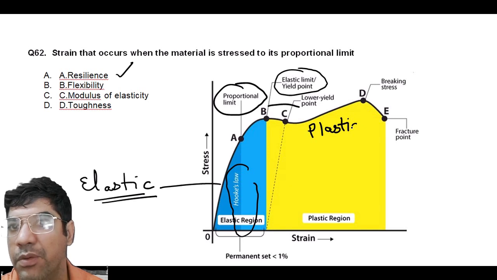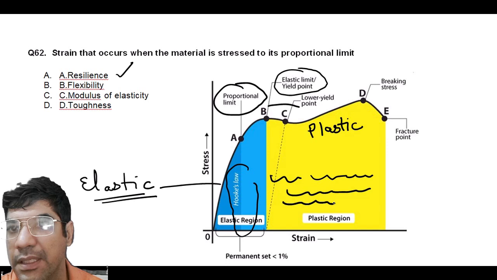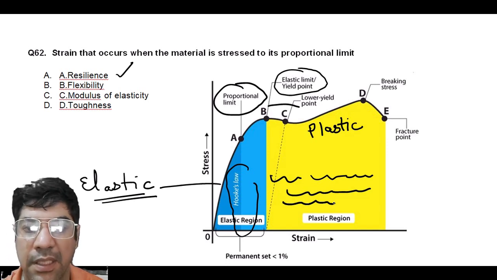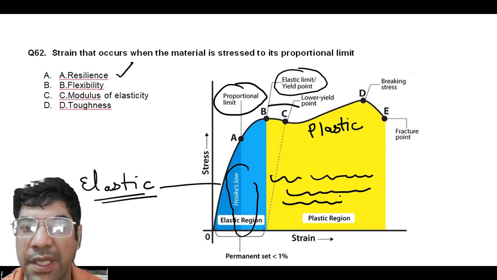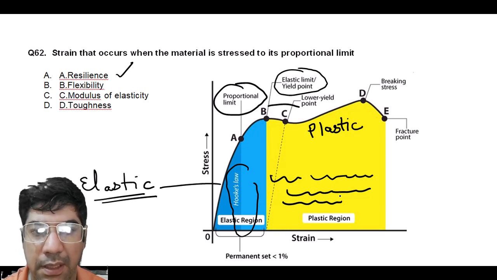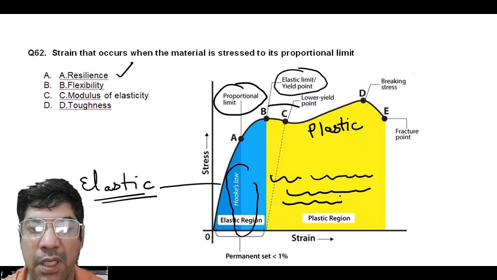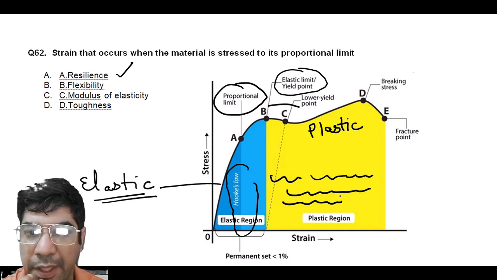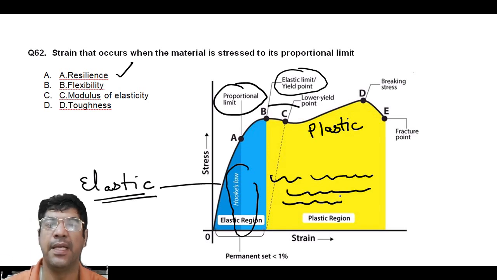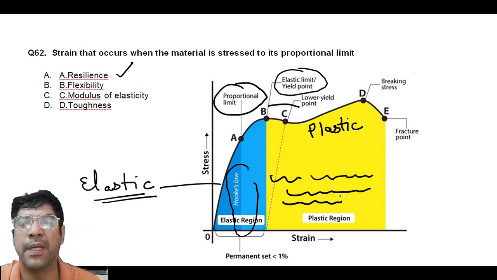So this yellow region represents the area beyond the yield point. That means beyond the yield point the material would deform permanently even when the stress is reduced. So yield point indicates the maximum stress a material can withstand without permanent deformation.